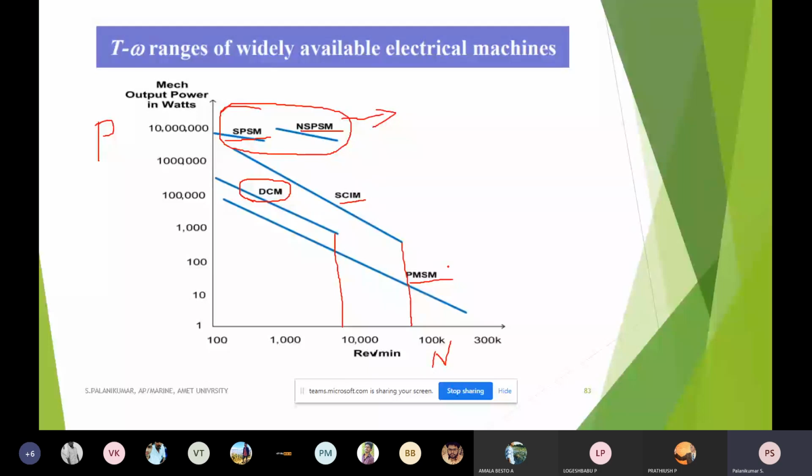In another way, there are permanent magnet synchronous motors. This is the concept we are going to use.